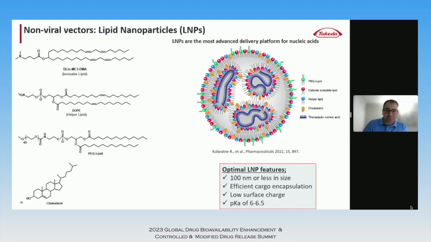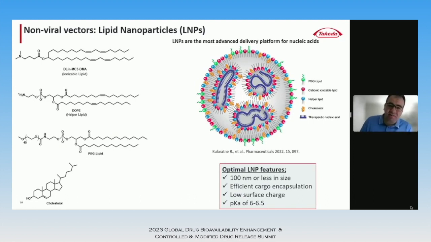When it comes to LNPs, I mean, you always want to go with a smaller size. Their size usually ranges from 50 nanometer to 120, 130 nanometer. You want your LNP to efficiently encapsulate your cargo, whether it's a small cargo like siRNA or it's a very large cargo like mRNA.